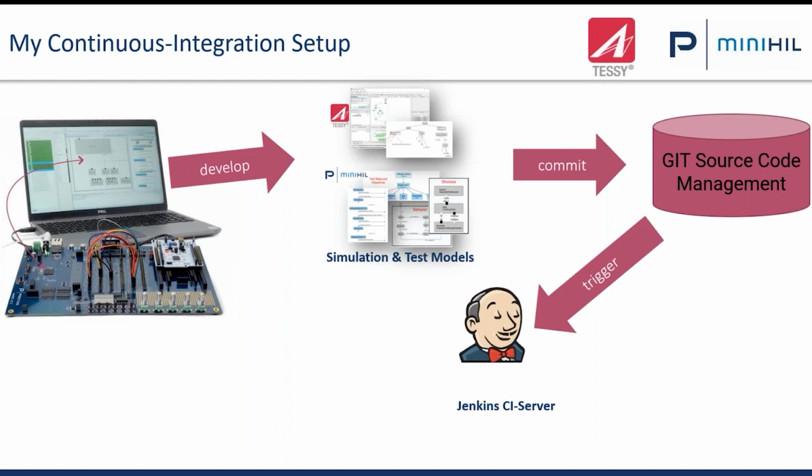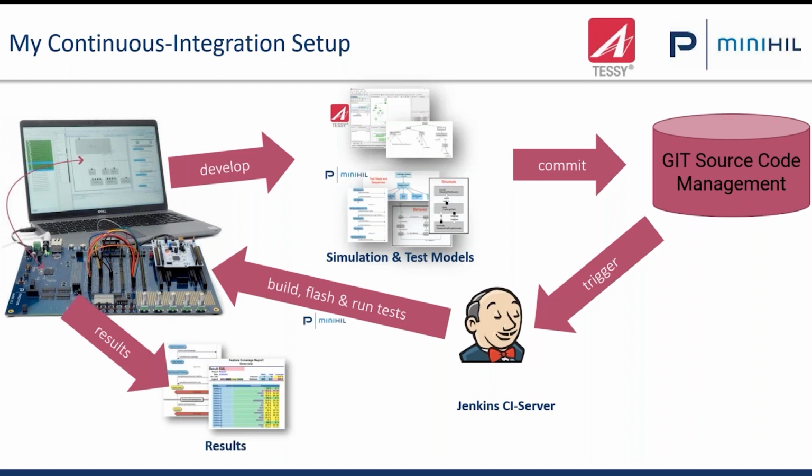So this Jenkins server is triggered by every commit in the source code management system. Then first it builds, flashes and runs the test on the miniHIL and reports the results again to this Jenkins server. And the same for the Tessy tests, but the Tessy tests are not run, of course, on the miniHIL, but they're run locally on the server itself, or sometimes also on a target as processor in the loop test.